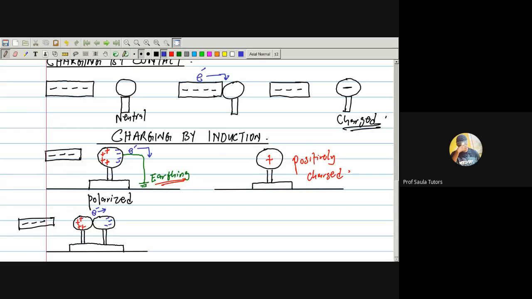Then, what do we do after this? Observe. What do you think will happen after this? If I separate them, I will still keep the rod here, maintaining it the way it is. After you do this and separate them, see what will happen here.